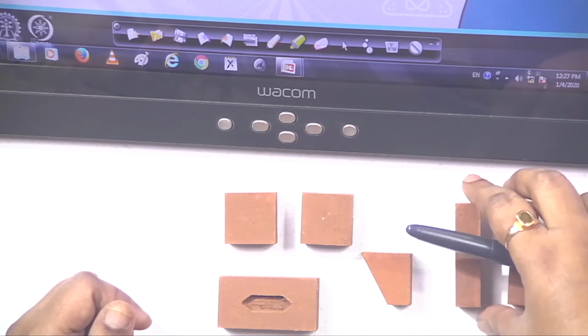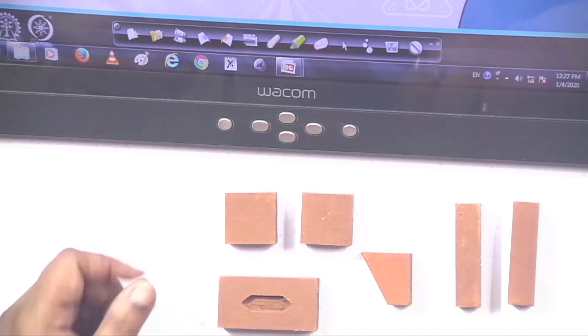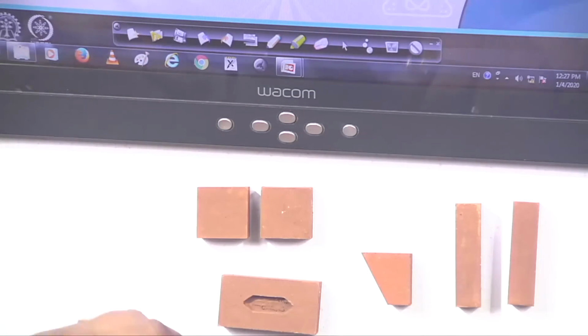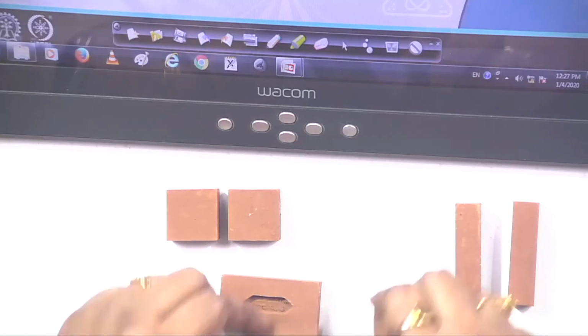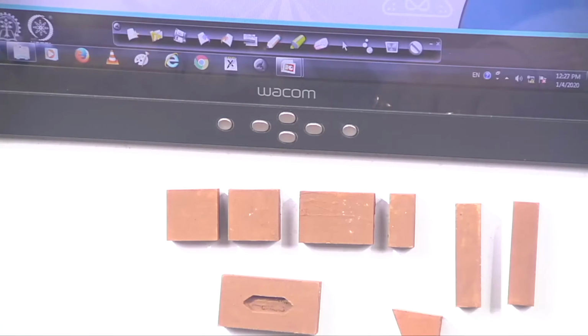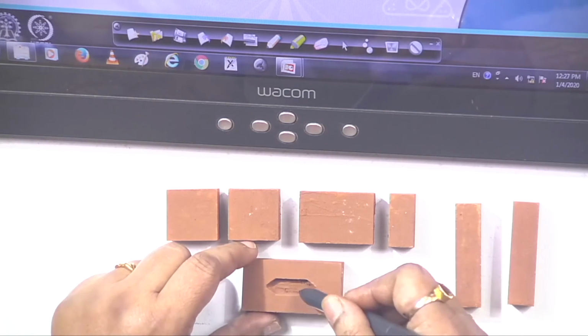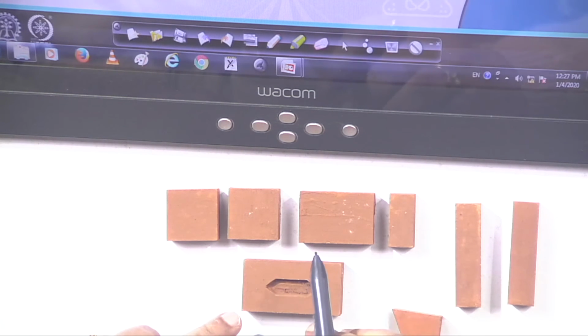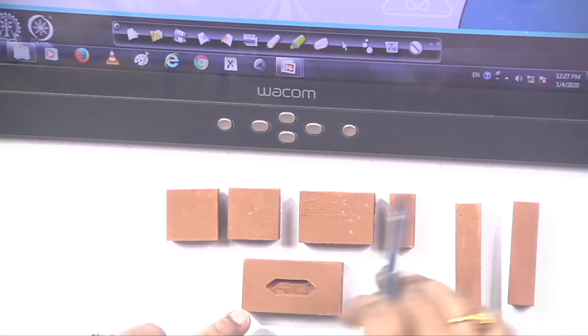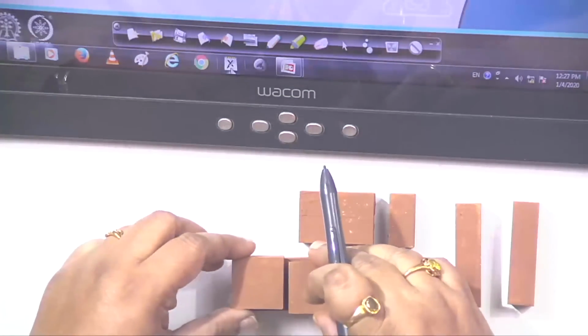So, these are closures. When brick is cut longitudinally, these are bats. When cut equally, they are half bats. When cut 3/4 bat and 1/4 bat, this is the frog which you can see, or the indentation where the mortar goes in and helps the next brick to get supported.